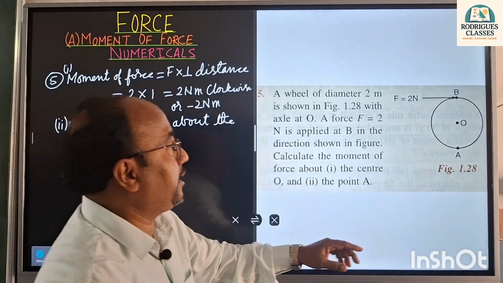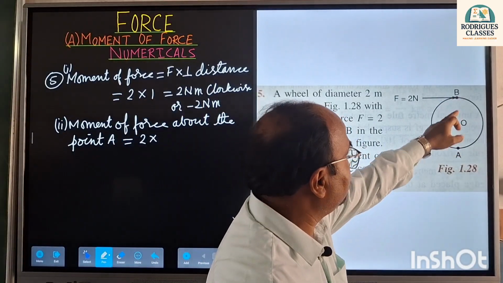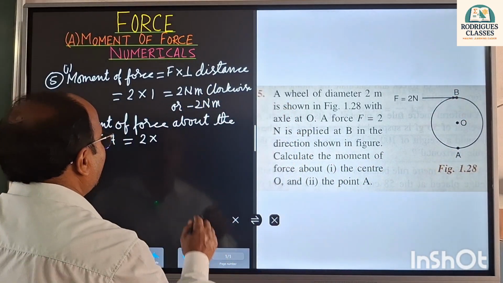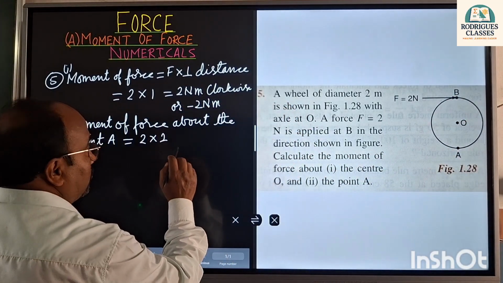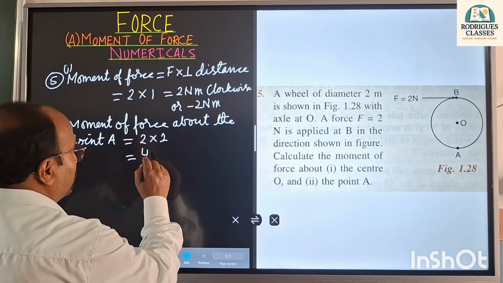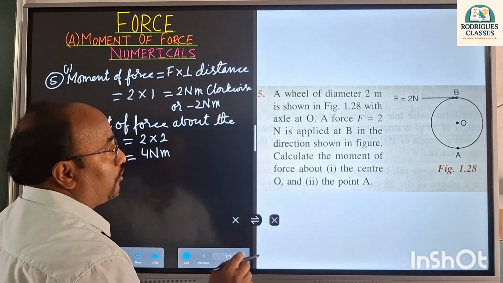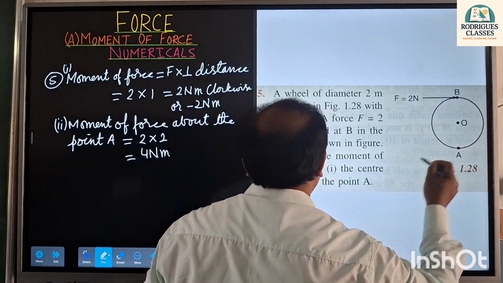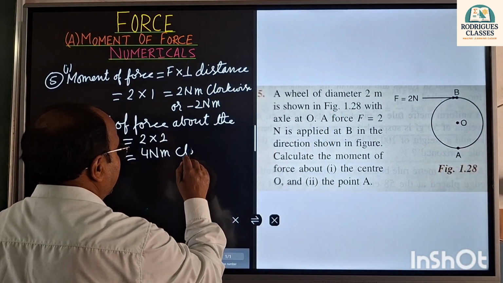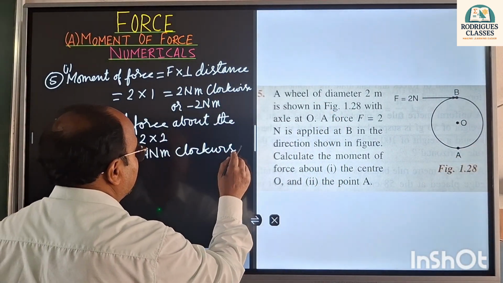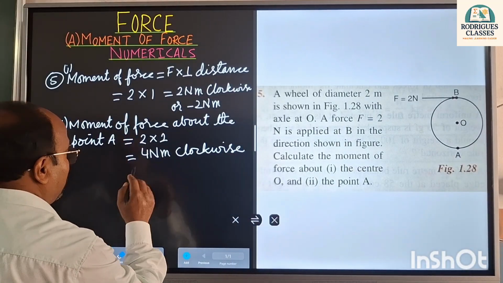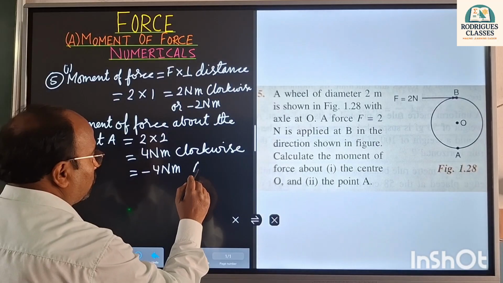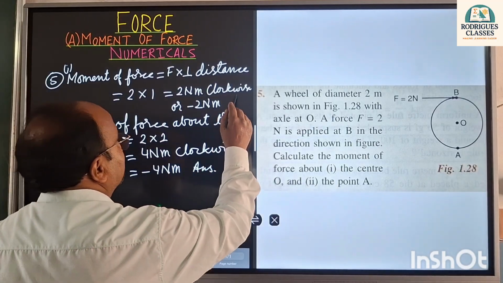Now about the point A, the distance will become this. This is the diameter, which is 2 meter. So we write here 2. So that comes to 4 Newton meter. Now if this is the pivot point also, the rotation which will take place will be clockwise. So I will write here clockwise, or we can also write it as minus 4 Newton meter. Both ways it is correct.